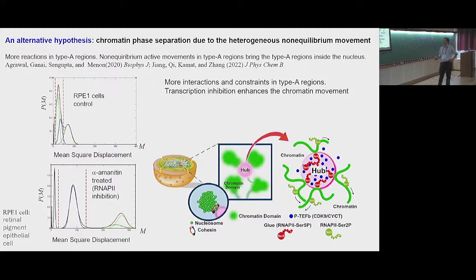So around this complex, chromatin movement would be tethered and constrained. And by inactivating RNA polymerase, these chromatin chains will start to leave this transcription complex, and then the movement will be enhanced. So things are not so simple.